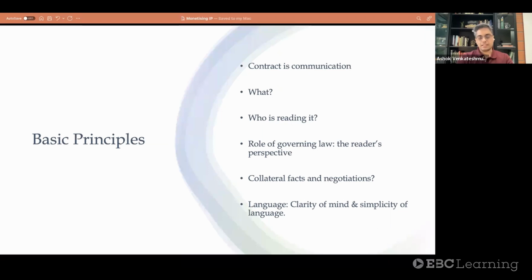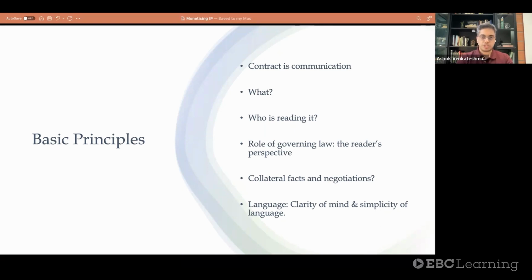The second thing we have to ask ourselves is, what is it that we are trying to communicate through the channels of a contract? It's not rocket science. We are trying to communicate to a reader who the parties to the contract are, what the background is for the parties entering into the contract, and what the intention of the parties is.